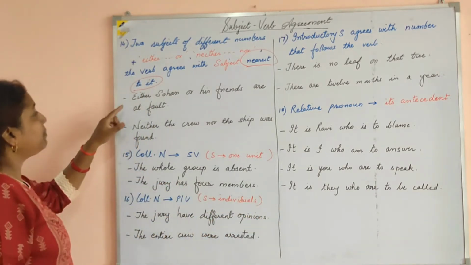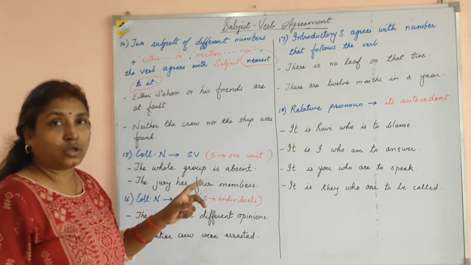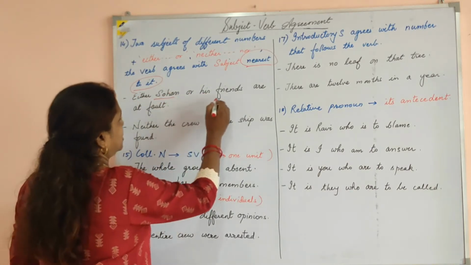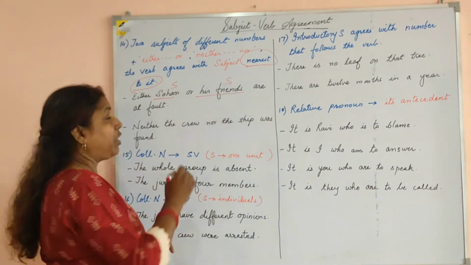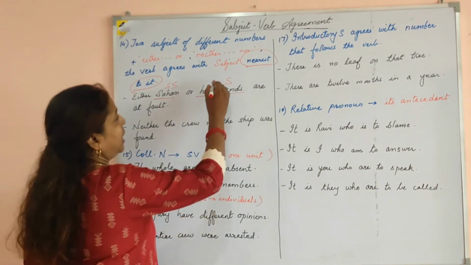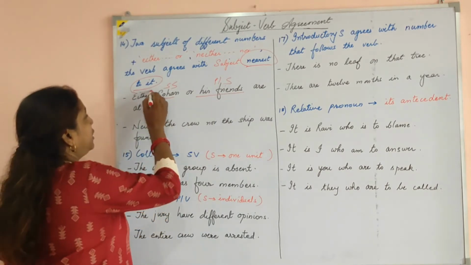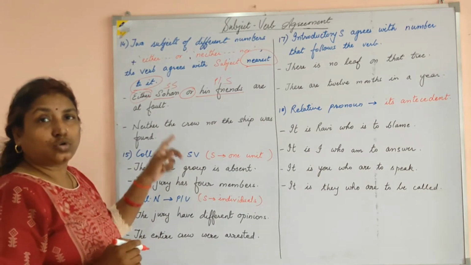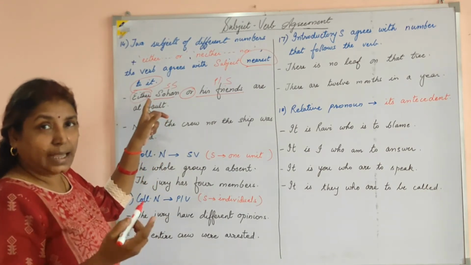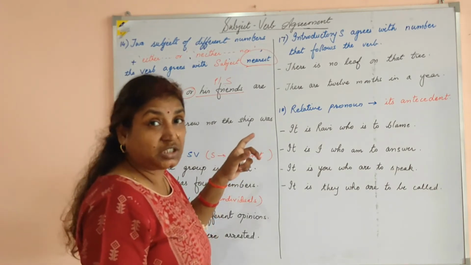Let's see in the example, either Sohan or his friends are at fault. Now I have two subjects, Sohan and his friends, where Sohan is a singular subject and his friends is a plural subject. They are joined by either or. So I have a choice. The verb should agree with which subject?